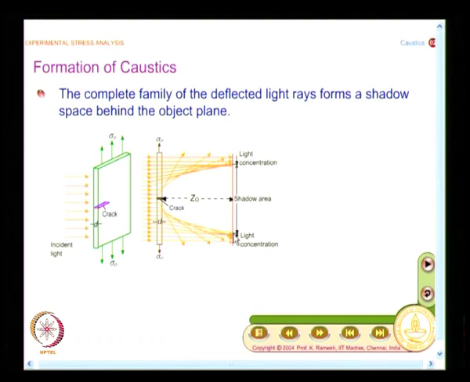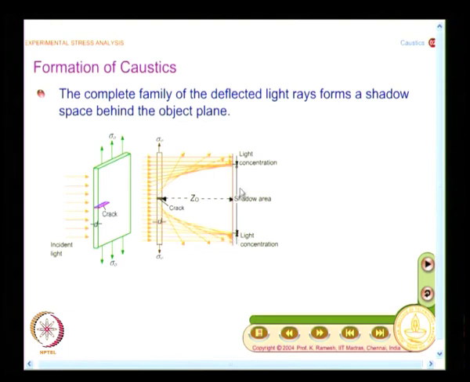Because that is found because of the principle of caustics, you call the entire methodology the method of caustics. It derives the name from that. So, you have a family of rays which reinforce and give you a silver line.